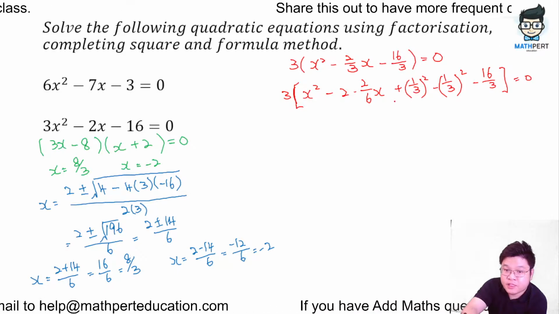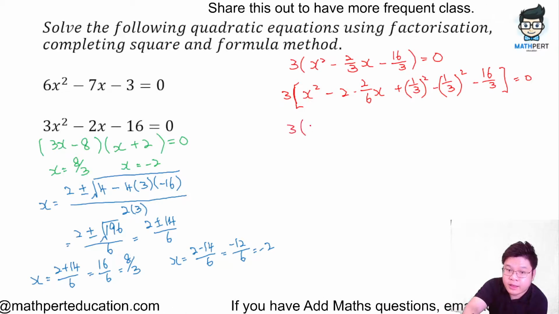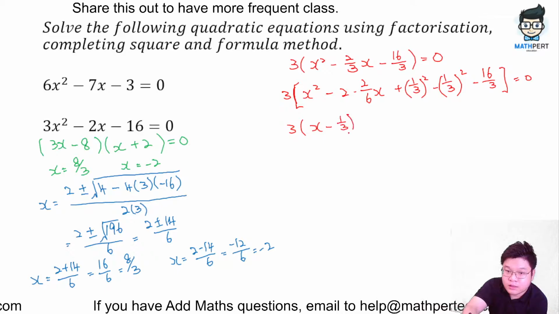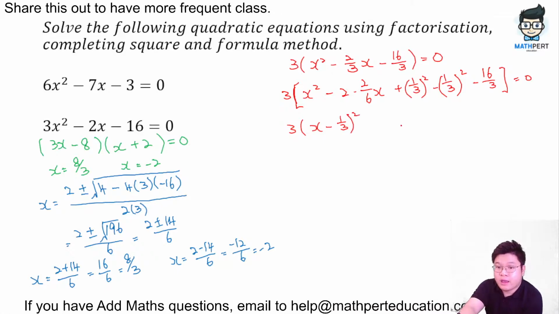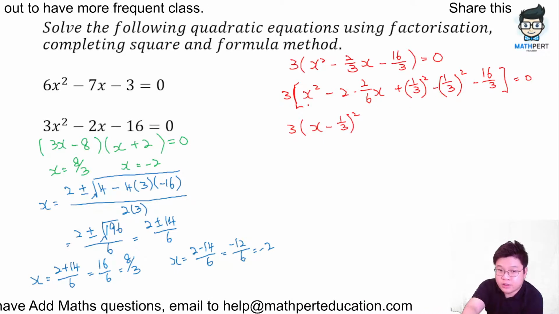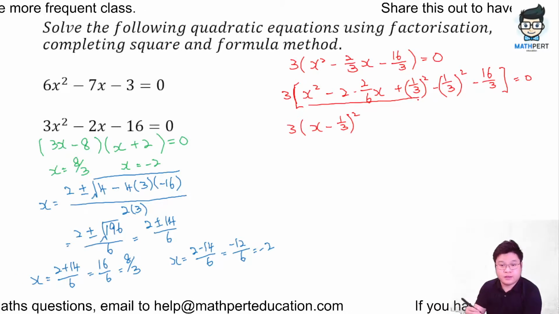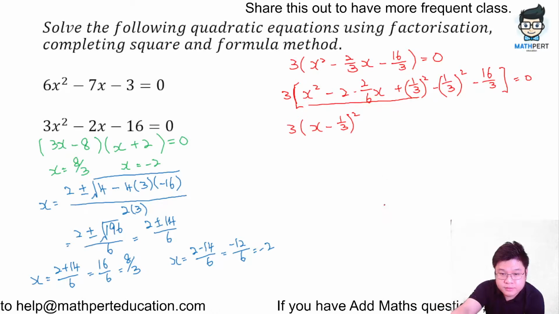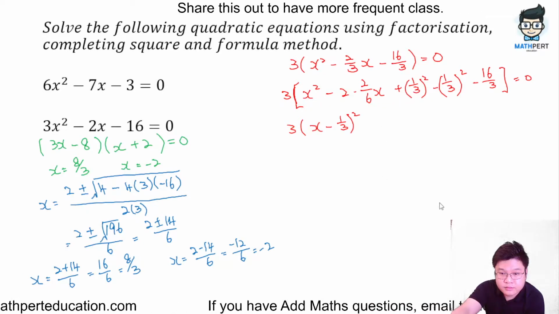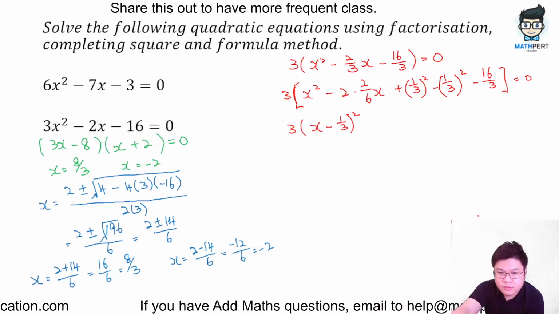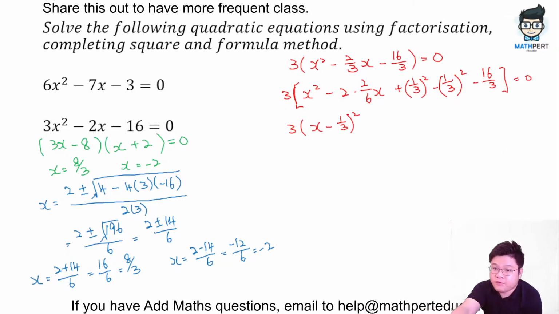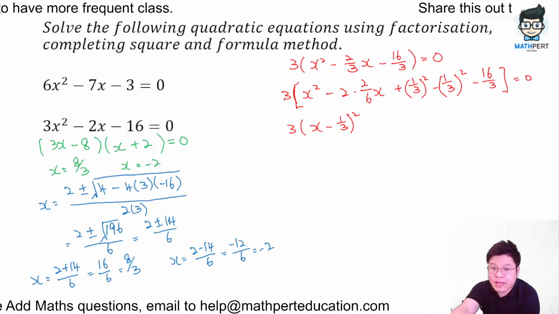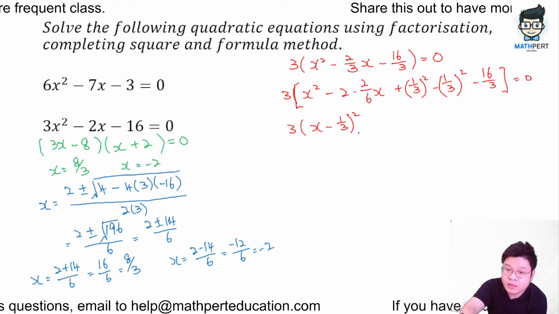Then the first 3 terms, you can group them together, you get x minus 1/3 square. Alright, these three you need to group together. Then negative 1/3 square, you get 1 over 9. 1 over 9 you need to times 3, so it will become 1/3 as well.